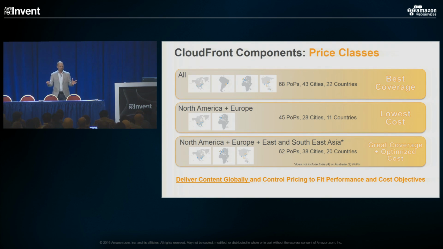Still a big CDN, right? But it's optimally priced, it's just a lower cost. If performance is a little bit more important to you, but you still want to shave some costs from our highest cost regions, which are in India and Australia, then you would set this last option, North America, Europe, and East and Southeast Asia.